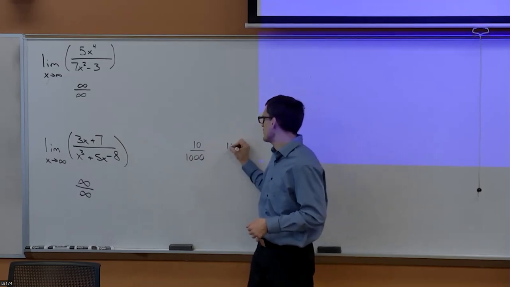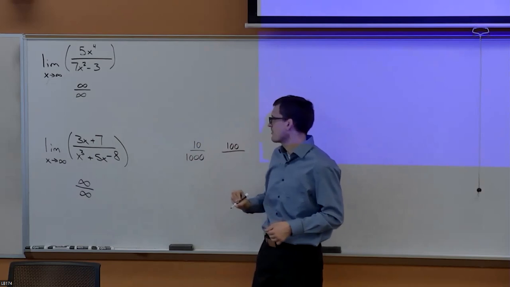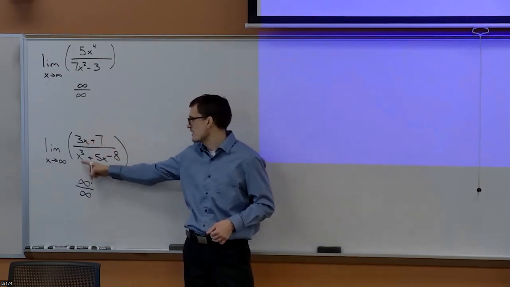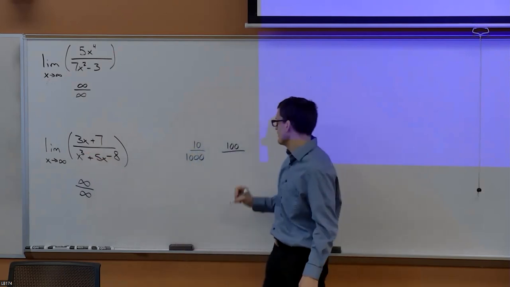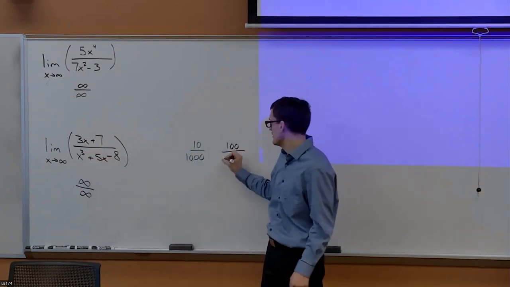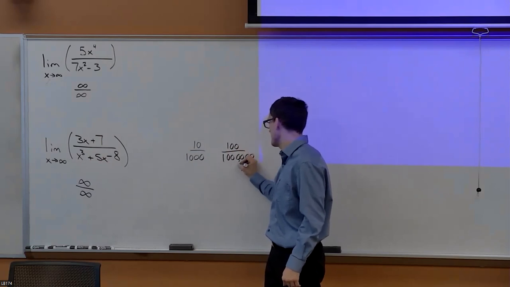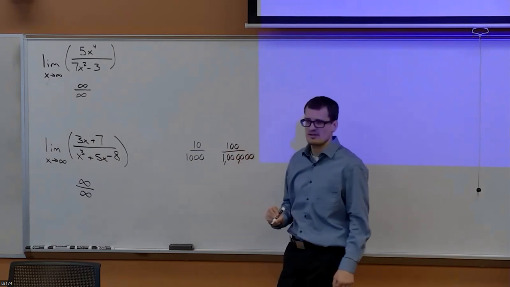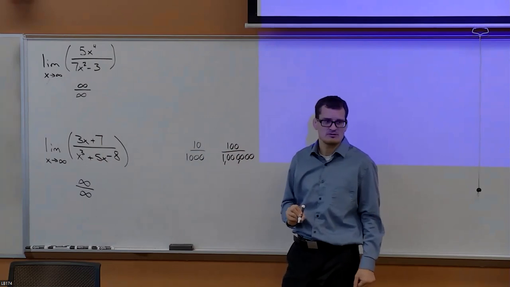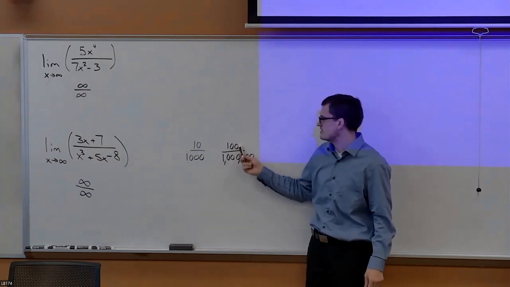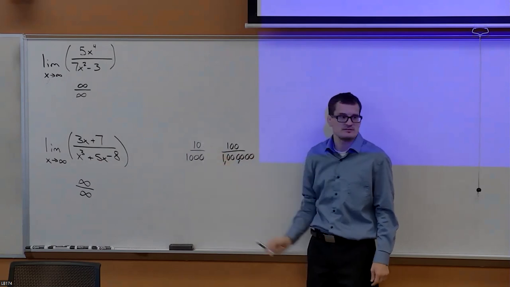But if you had 100 for your x to the 1st, x to the 3rd is going to be 100 to the 3rd power, which is 1,000,000. Notice that this is a smaller fraction than this one.